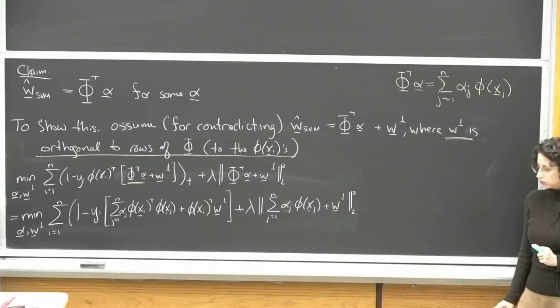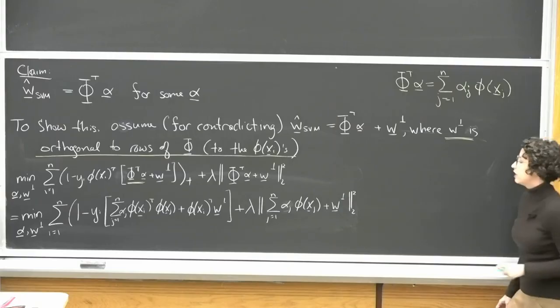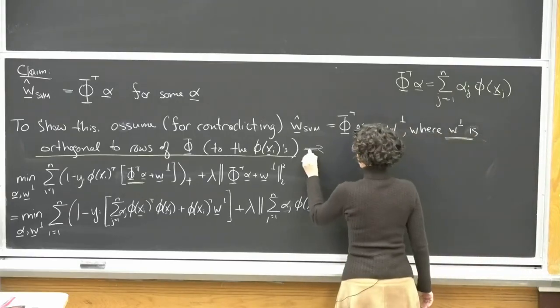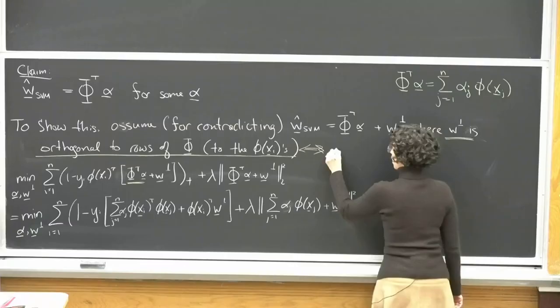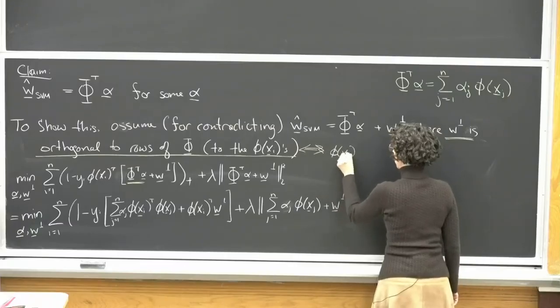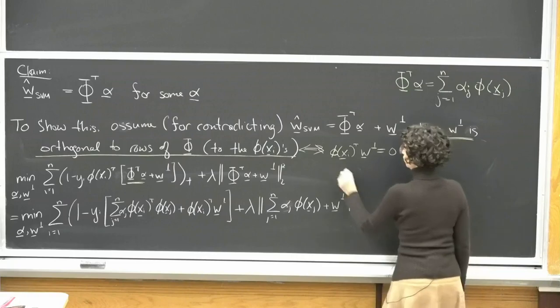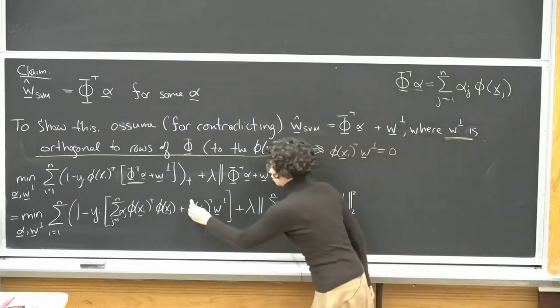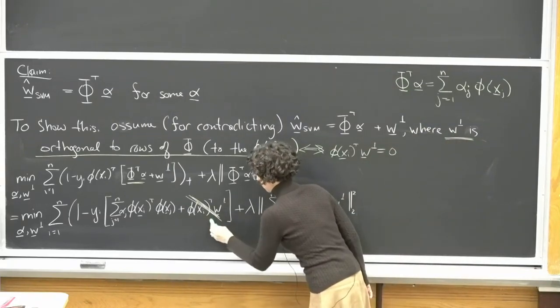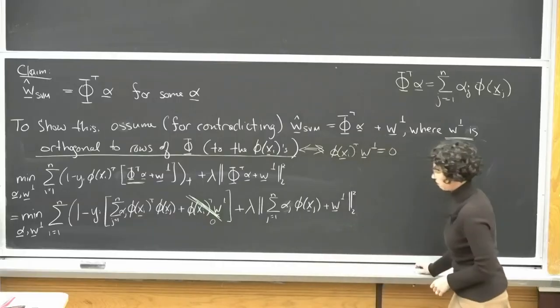Yeah, phi of x_i transpose w. Exactly right. So another way of writing this orthogonality is that phi of x_i transpose w perp has to be equal to 0. And so in this expression here, this term has to be equal to 0.